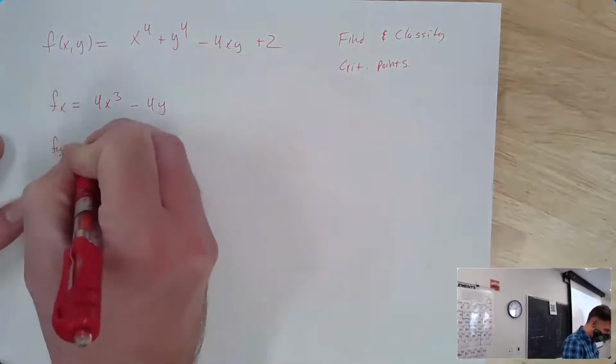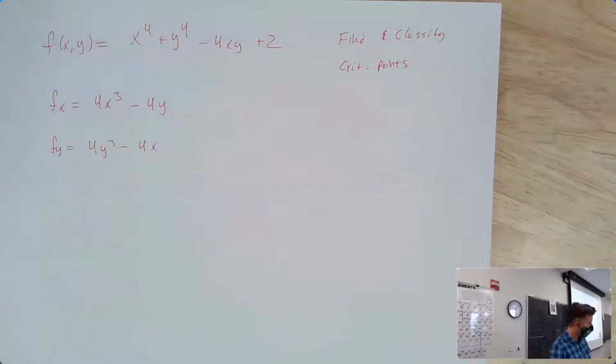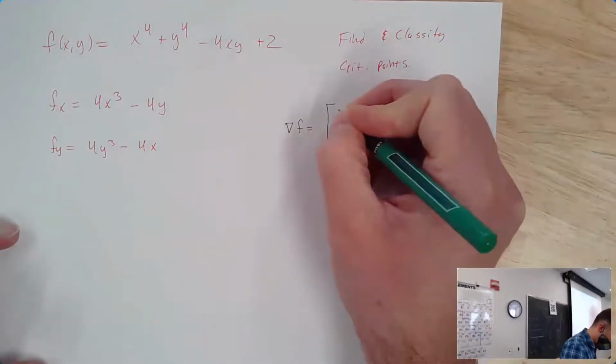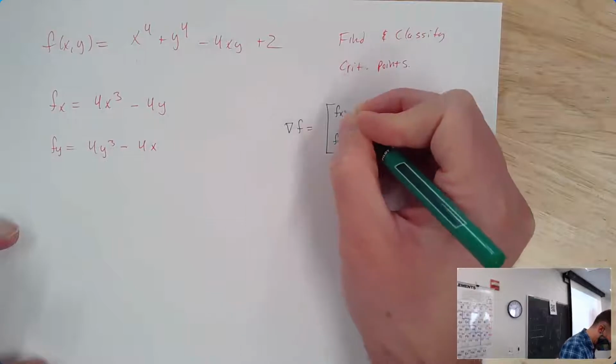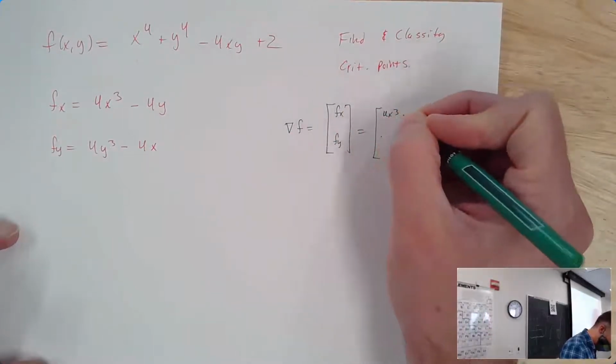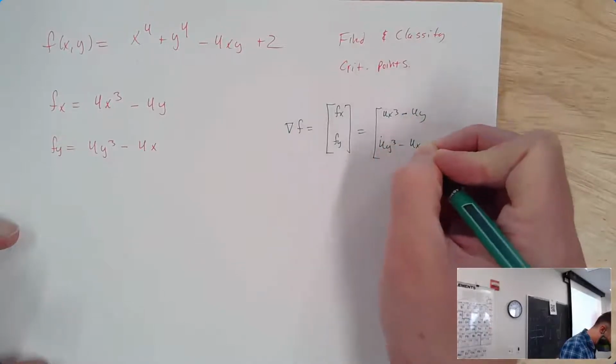Fy is 4y cubed minus 4x. He might prefer you write them as a gradient. It doesn't really matter, the gradient's literally just the same thing. It's fx, fy, which is 4x cubed minus 4y, 4y cubed minus 4x.